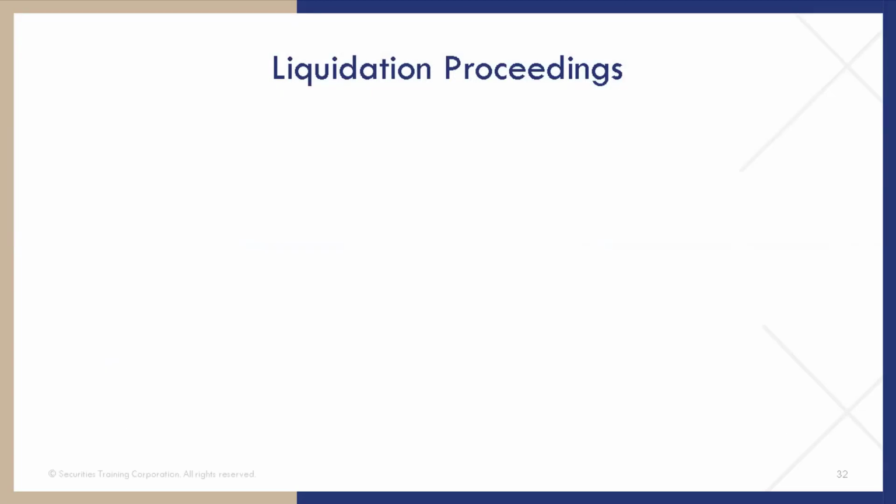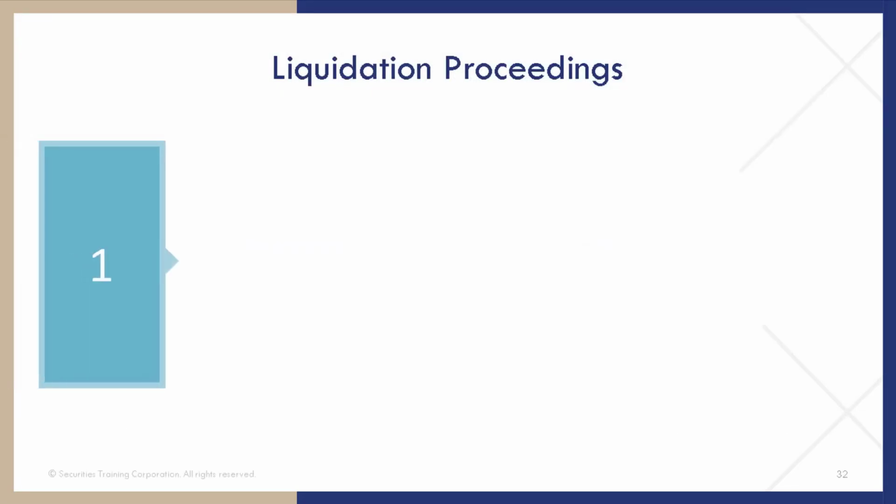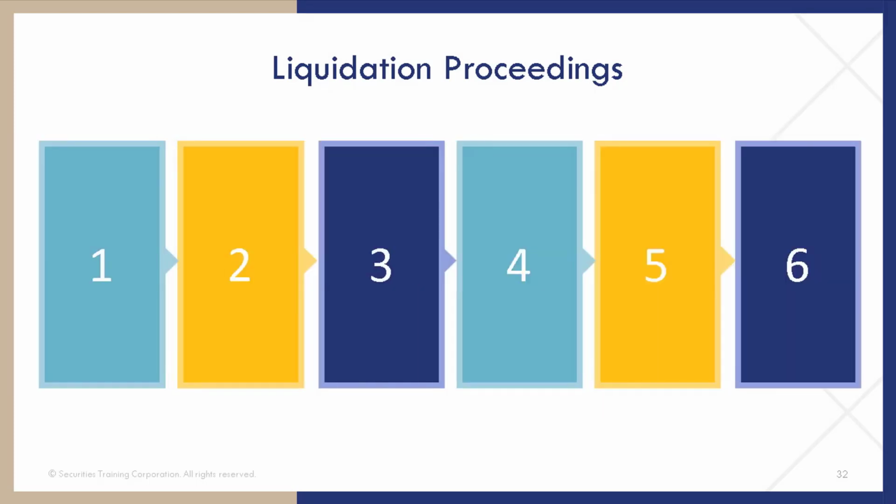So if we look at the liquidation proceedings, what's the pecking order? Well, before you get to the bondholders and stockholders, for test purposes they might mention that there's unpaid wages of employees, and taxes that you might owe the IRS.